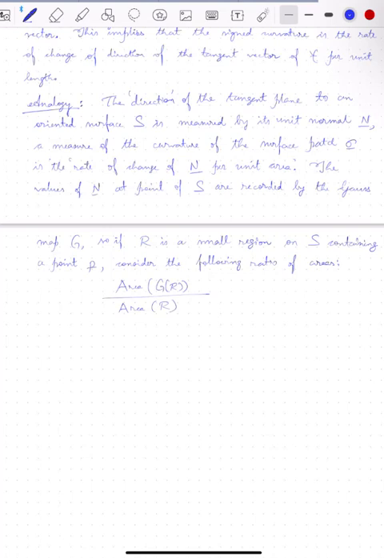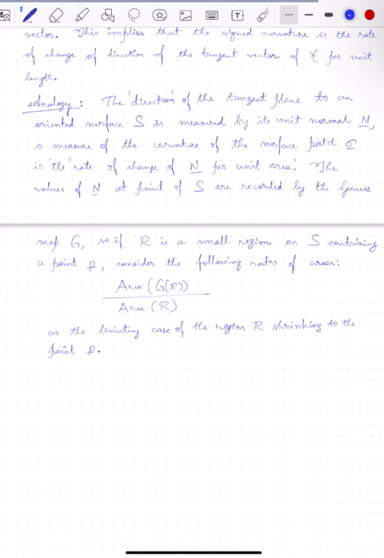And consider this ratio in the limiting case of the region R shrinking to the point P. In a sense, the region just shrinks until it becomes a point, P.